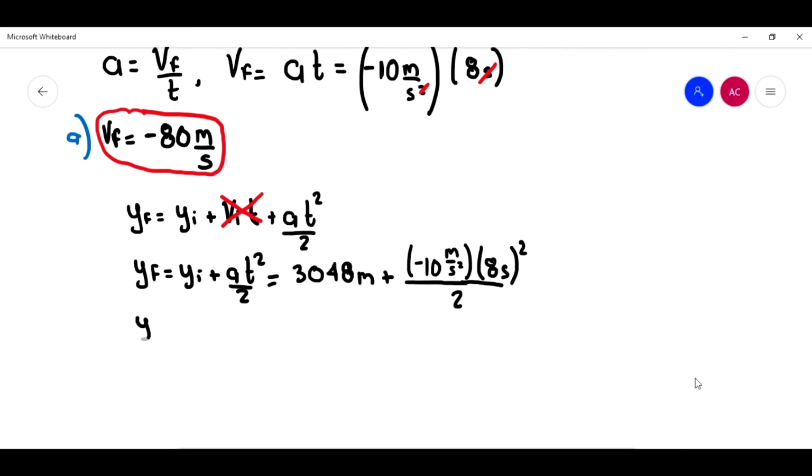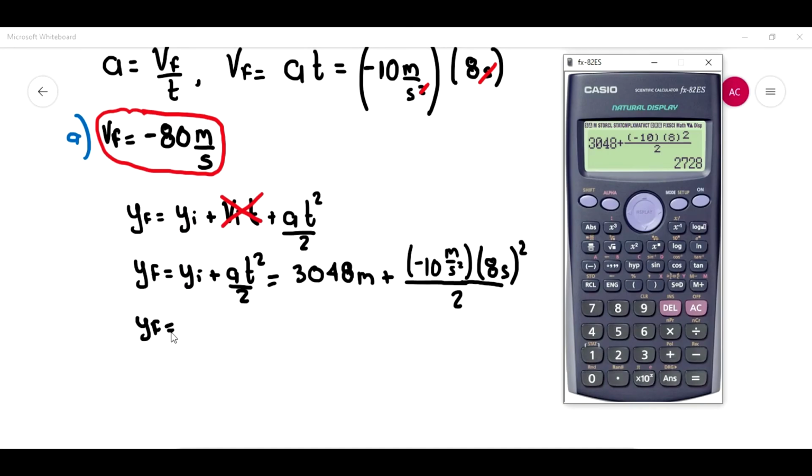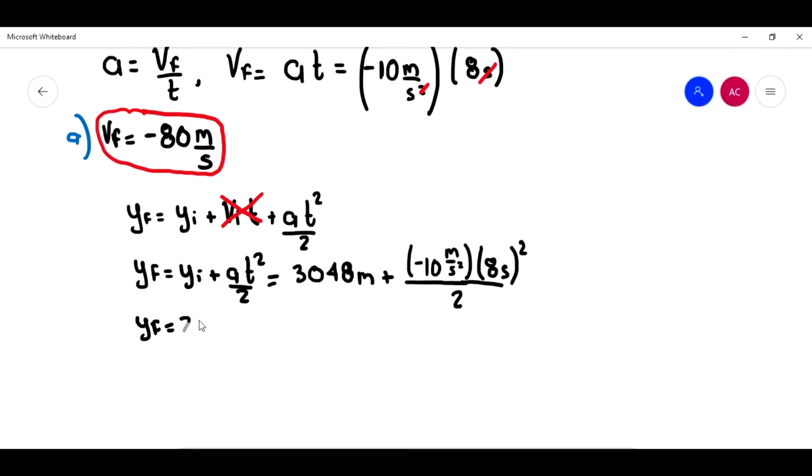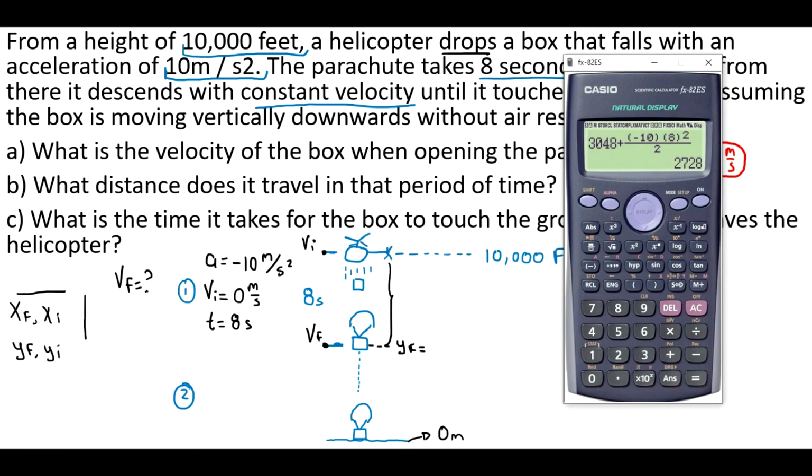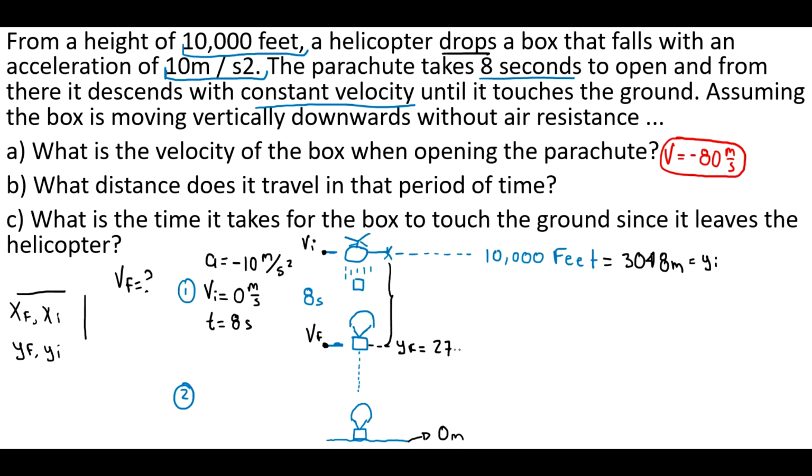This is the final position, 2,728 meters. So I'm going to write here, this is the position, 2,728 meters. But that is the height. Remember, the height of the helicopter is 3,048. Now, when the parachute opens, that's the height, 2,728.